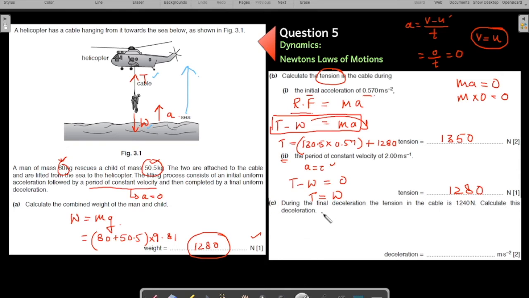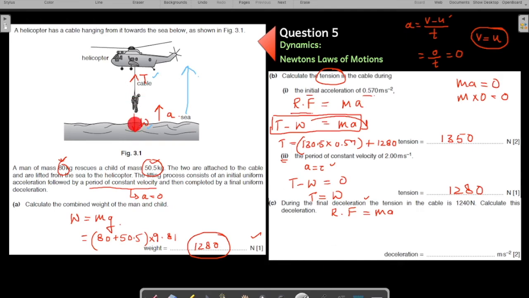Now the C part. During the final deceleration, the tension in the cable is 1240. Calculate this deceleration. Easy question. Again, it comes from F is equal to Ma. What is F? F is the resultant force, right? Now it is a deceleration.